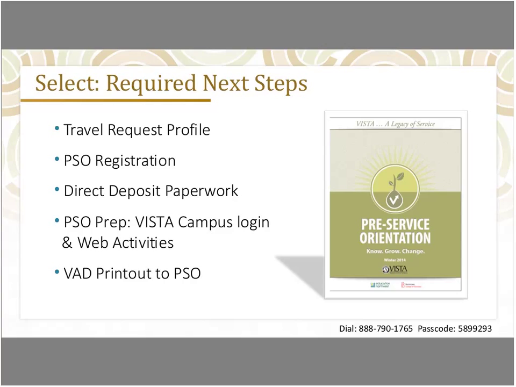They need to go on to the campus, Vista campus site and log in, and there are some pre-PSO activities that they need to participate in, and to print out their badge to bring to the PSO. And let me just share again that they need to have a badge that is clear and concise and not overwhelming to bring to the PSO.